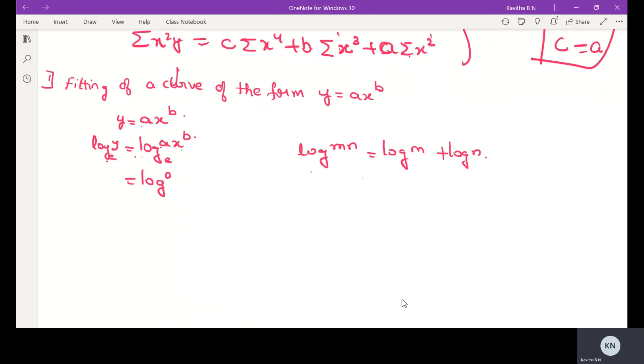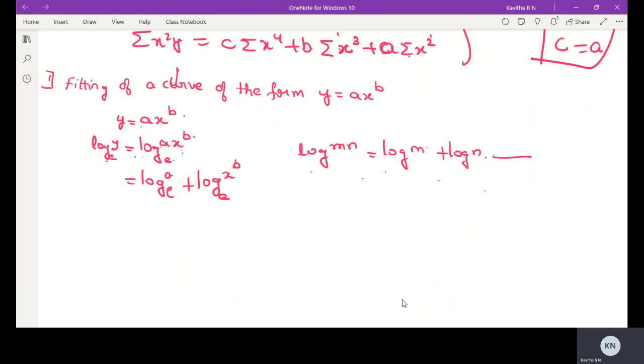Log mn can be written as log m plus log n. Use this formula: log a x to the power of b base e can be written as log a base e plus log x to the power of b base e.